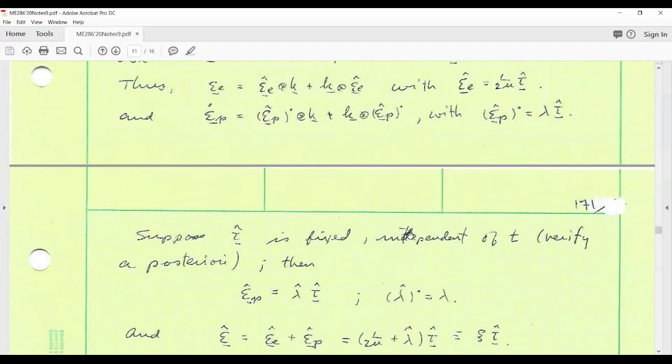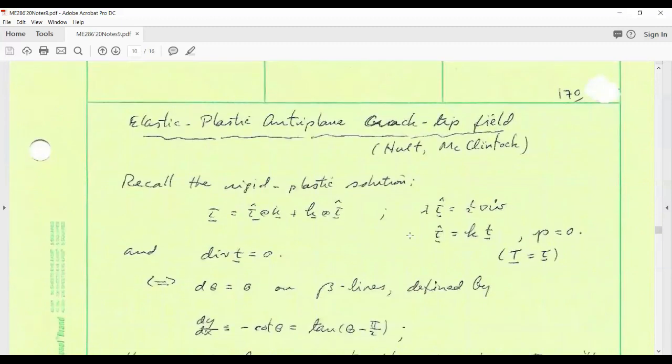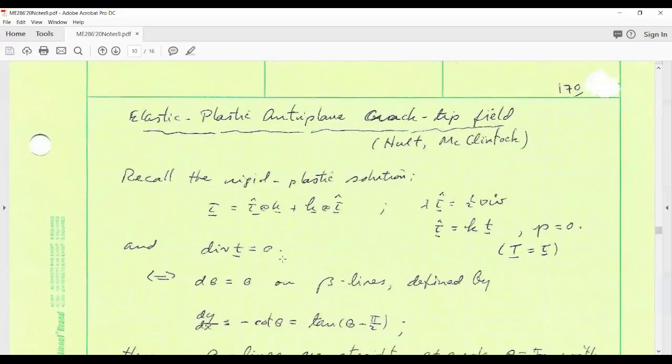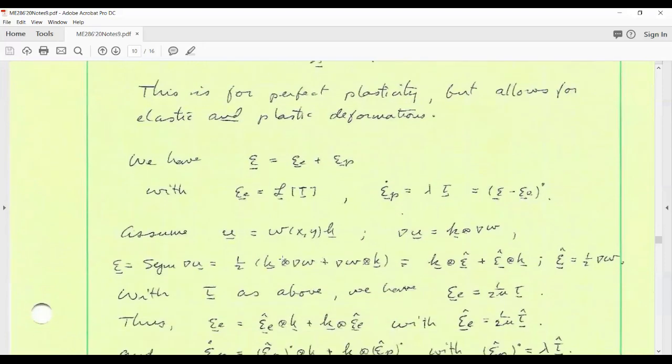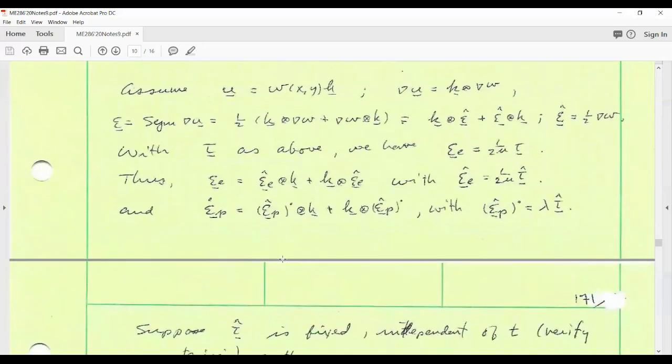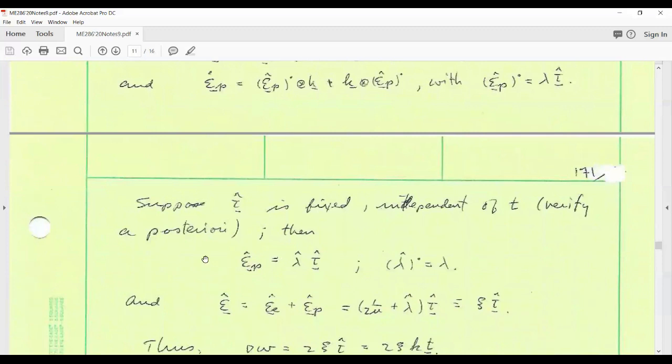And fixed at what, you might ask? Well, fixed at this value. Tau hat is the yield stress in shear, K, times T, where T satisfies this divergence condition. And again, we had an example before in which that T was purely azimuthal. Okay, so let's suppose tau hat remains fixed.